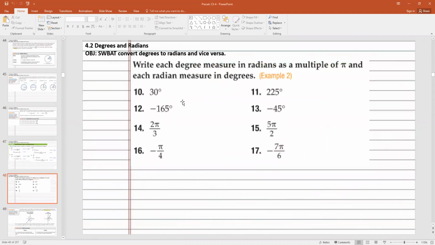All right, so we're going to write each degree measure in radians as a multiple of pi and each radian measure in degrees. So this is going to be fairly simple. Why don't you do number 10?